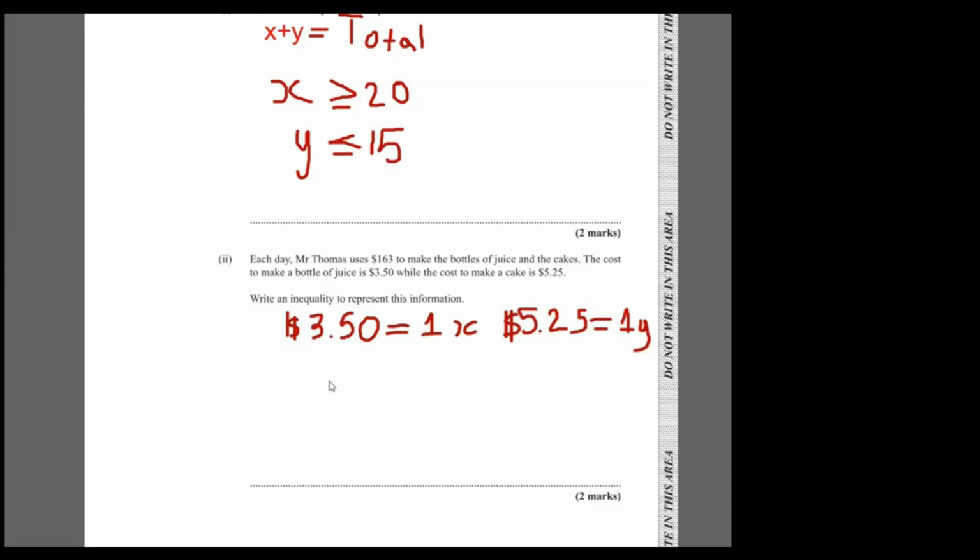So when you add up the total amount of money that he spends on cake and the total amount of money that he spends on juices, it's going to be equal to 163. All right. No matter what, I'm not going over $163. So let's see how we can phrase this inequality now.